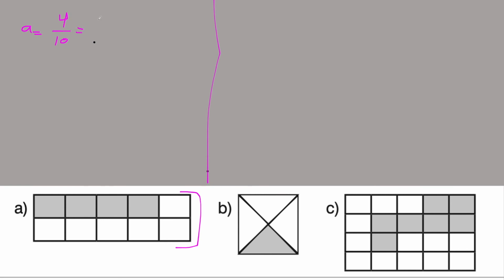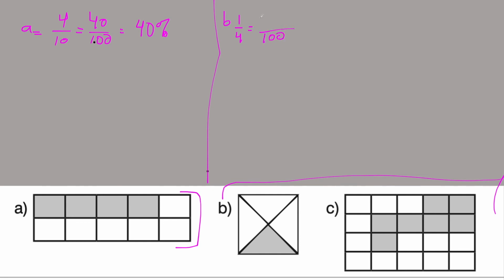Then I'm going to find the equivalent fraction over 100, which is 40, and so this would be 40%. Just do these last two, pause the video and do these last two on your own, and I will get this down here so that you can check your answers.